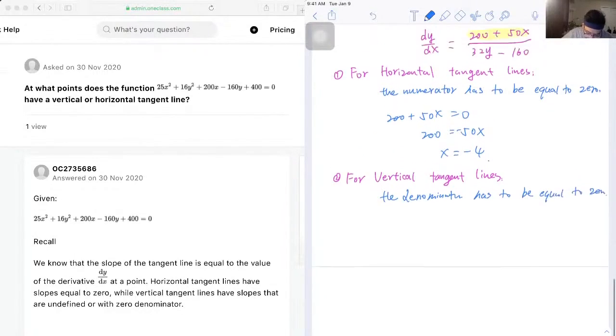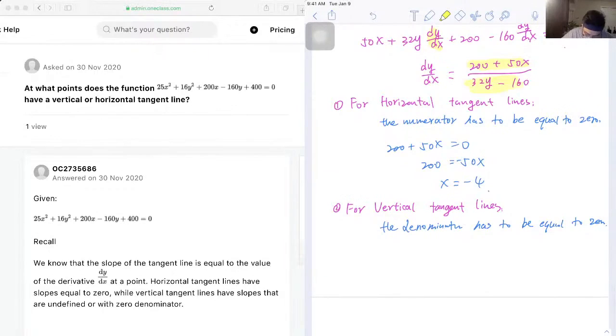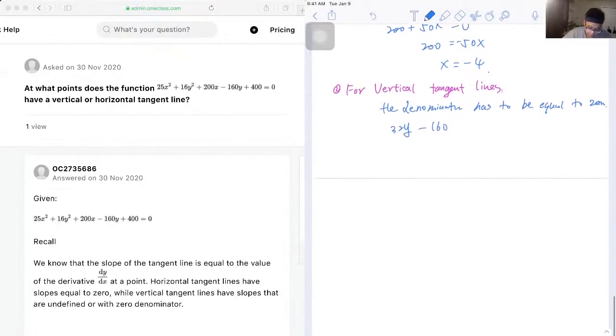So the denominator is 32y minus 160, and that needs to be equal to 0. So we have 32y is equal to 160, and y is equal to 5.